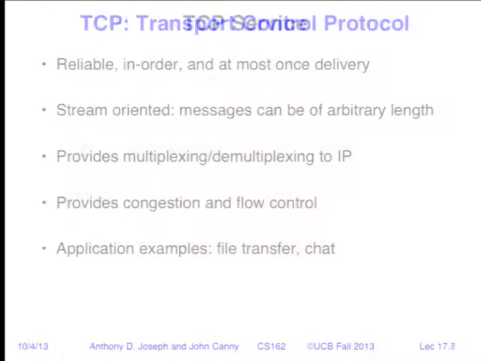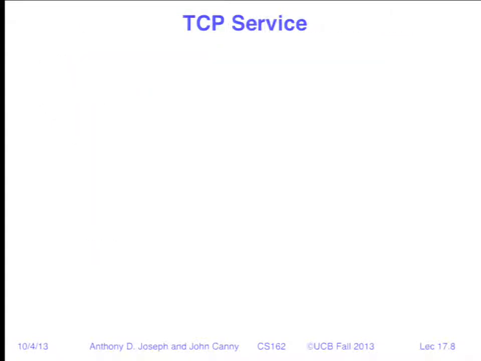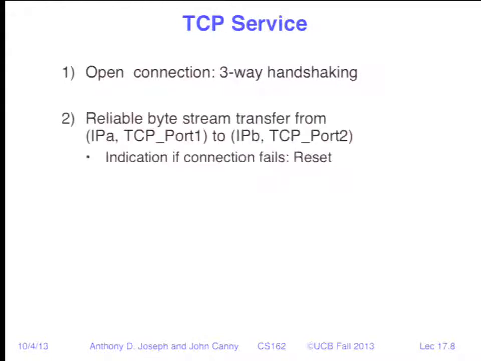Okay. So TCP as a service does the following things. First, we open the connection. There's a three-way handshake that occurs when we open the connection to set up that connection. Then we actually send our bytes. Right? And so again, bytes go from one tuple to another tuple. That tuple is the local IP address and local port to the remote IP address and the remote port.